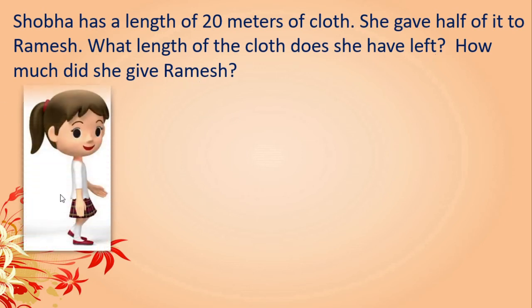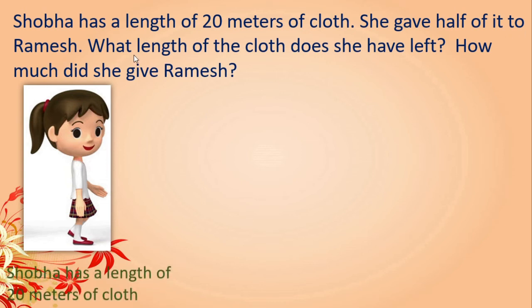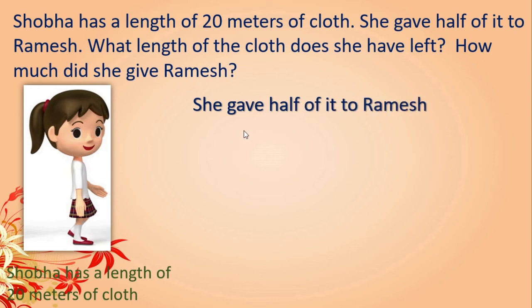See here, Shobha has a length of 20 meters of cloth. She gave half of it to Ramesh. Now half of 20 meters, how much? 10 meters, isn't it? So half of 20 is equal to 10 meters. She gave it to Ramesh. What length of the cloth does she have left now?